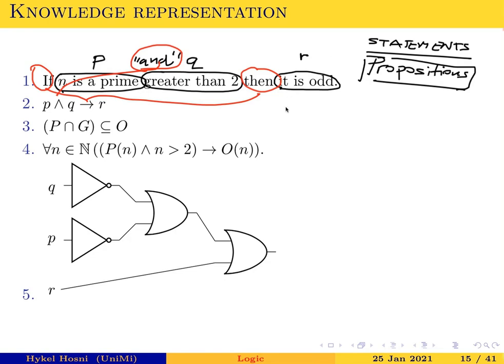If it makes sense to bet on it, then it is a statement. I'll go back to this later on. You can actually bet on the event that n is a prime, and you will learn the outcome of your bet once you know who n is. So this formalization here is the knowledge representation that you will do in so-called propositional logic.